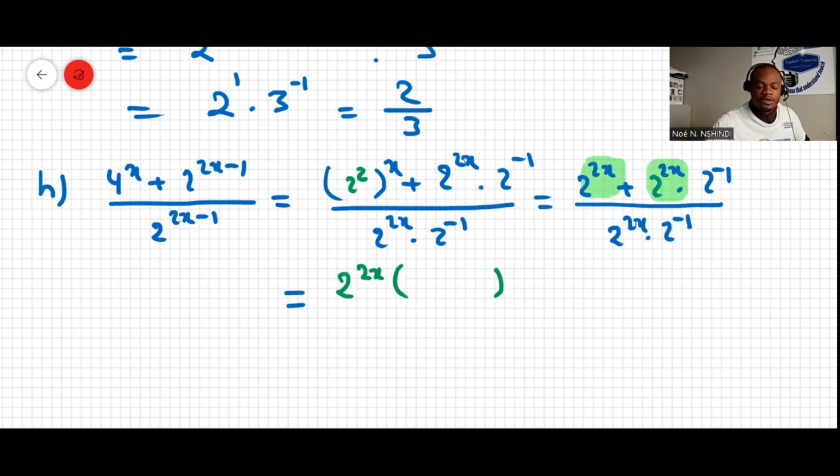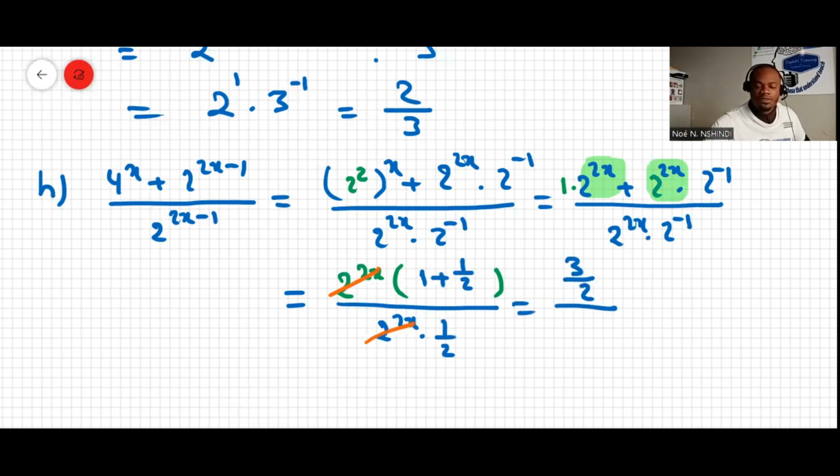Remember that there's a 1 times that. So there it's going to be 1 plus a half, because that's 2 to the negative 1, all over 2 to the 2x times a half. Then we can simplify this and that. And then 1 plus a half is 3 over 2.